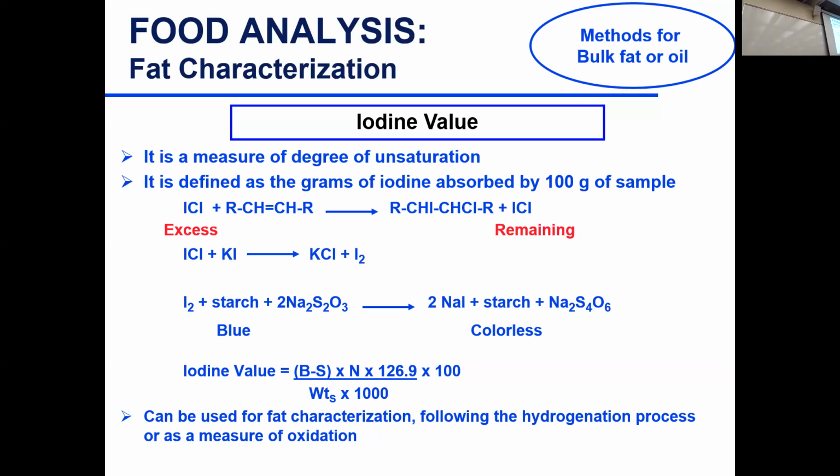You add a couple of drops of starch, because starch and iodine give you a blue color. You titrate with sodium thiosulfate to react with all of the iodine and get sodium iodide. You're titrating to a color change: you start with blue, and you titrate until you have no color.